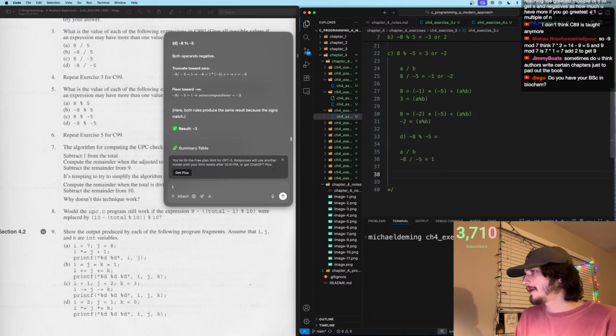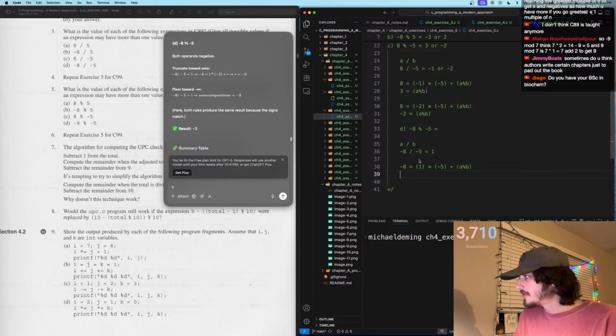So then we would say -8 is equal to 1 times -5 plus A modulo B. This would be -5. Add that over.